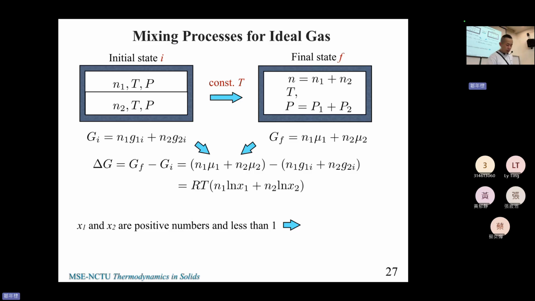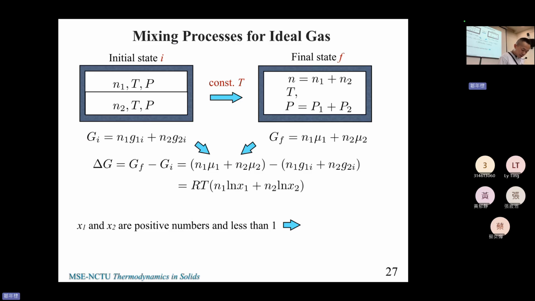We written down GI and GF on the previous page, so we combine GI and GF into the same equation. GF minus GI is of course delta G, so we write delta G here and GI here, and subtract.